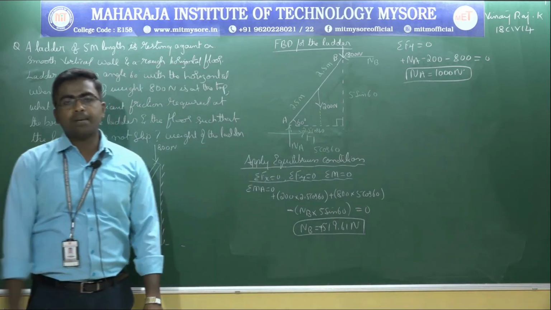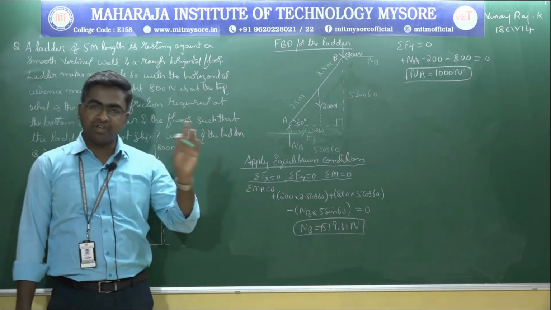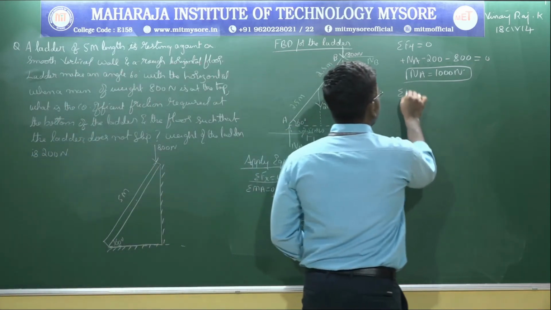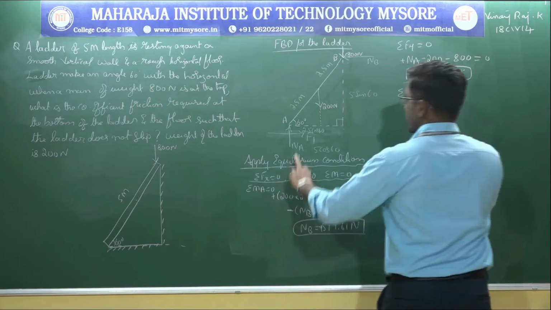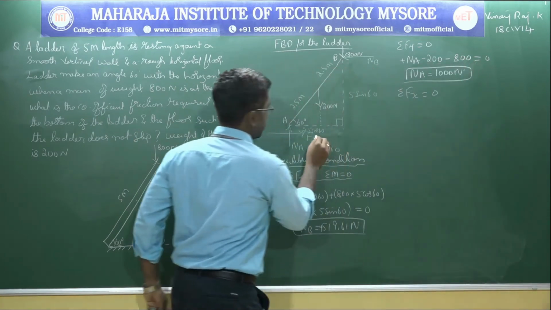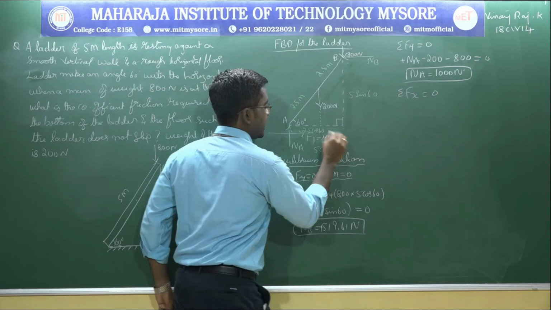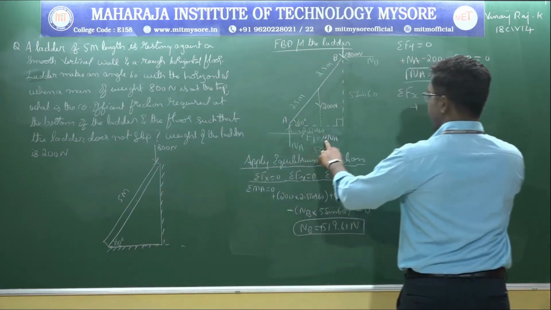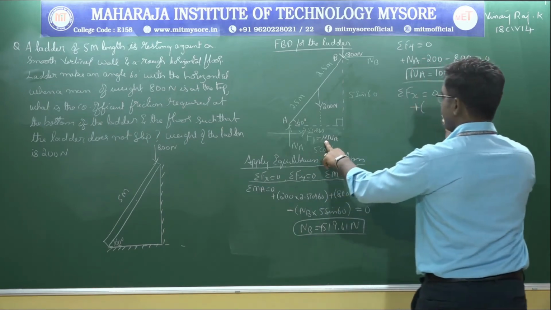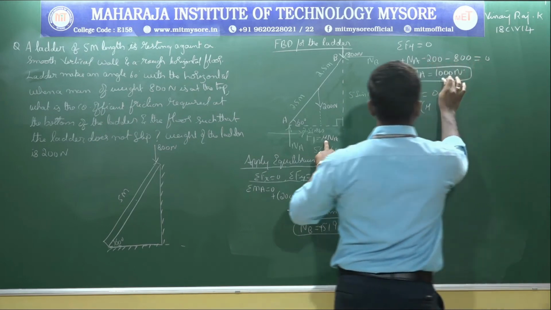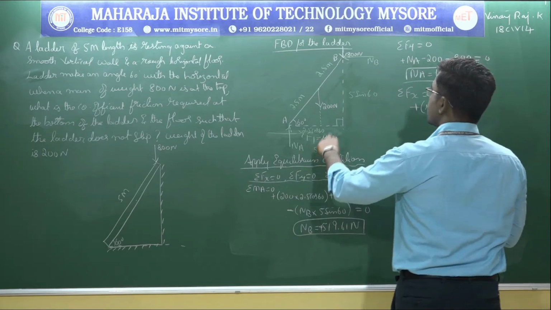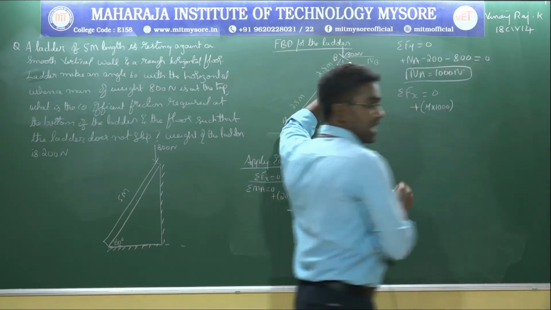right? So now let us apply the next equation, summation of Fx is equal to 0. So F1 is positive, and F1 will be equal to mu times NA. So that is positive, and mu value here I need to calculate, right? So that is plus mu times NA, NA is 1000, and there is one more horizontal force, and this is minus NB.